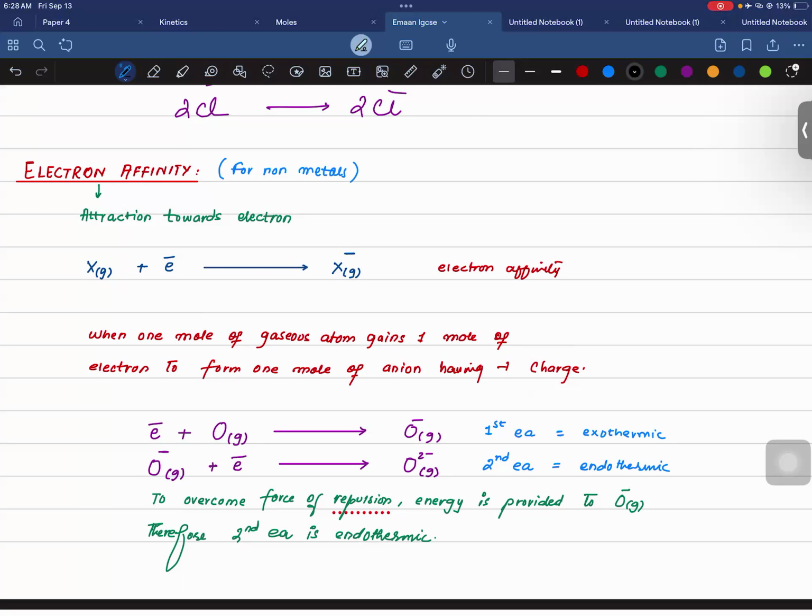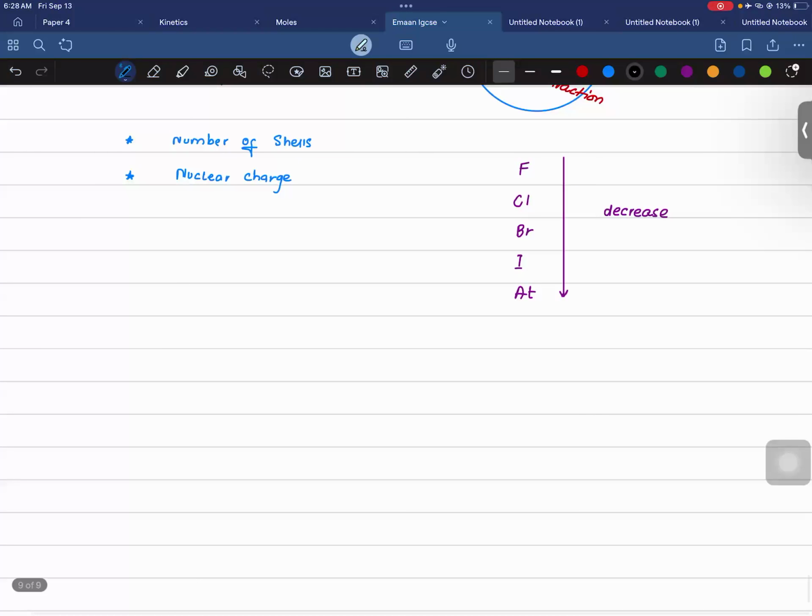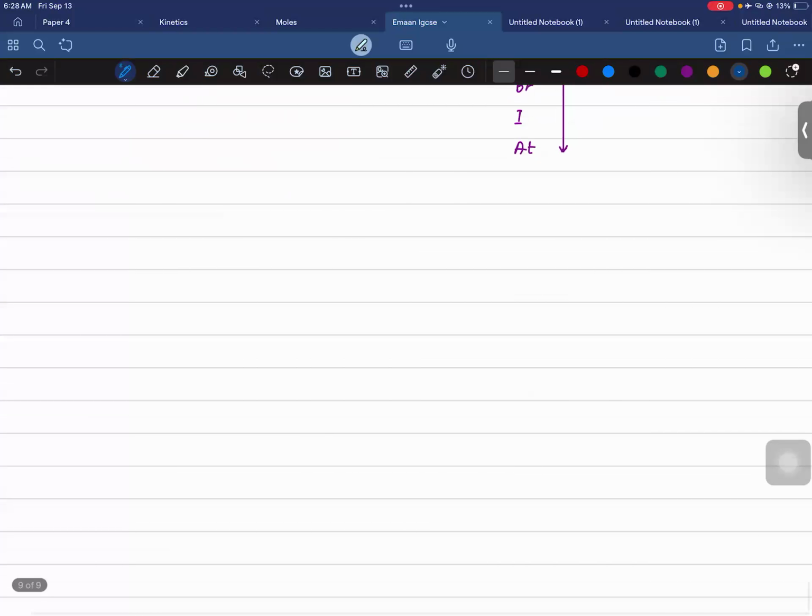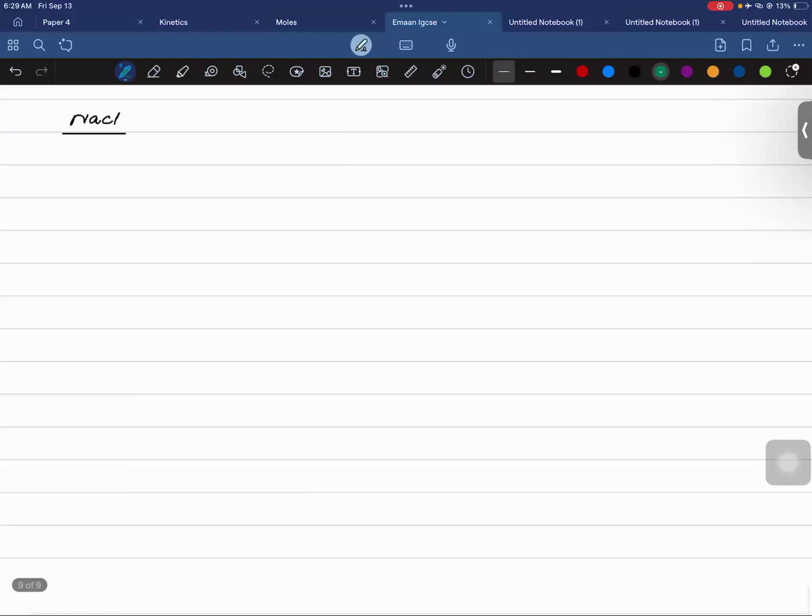Then we have how to draw the Born-Haber cycle. Now let me tell you this. I'm going to draw this Born-Haber cycle for sodium chloride. This is sodium solid.